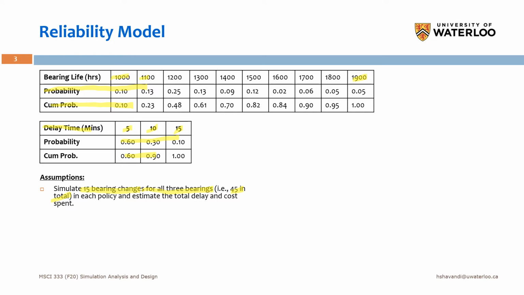And also in the proposed policy, we are going to consider 15 change cycles, and at each cycle we'll replace all 3 bearings. Again, we'll have 45 bearing replacements.